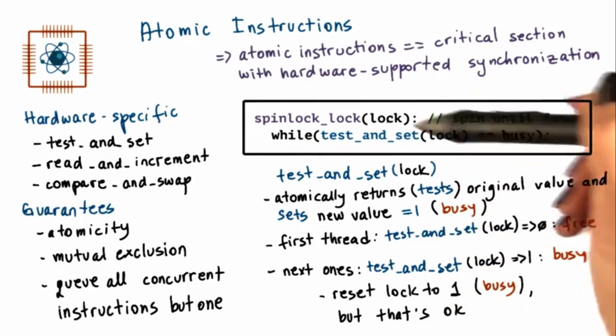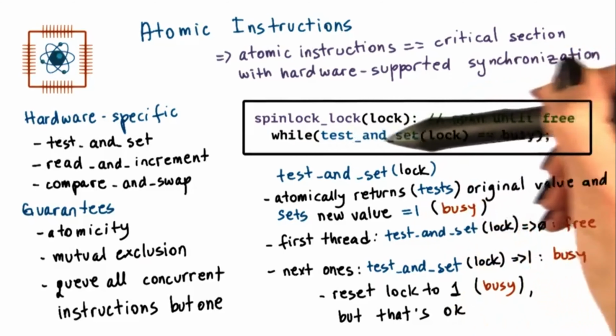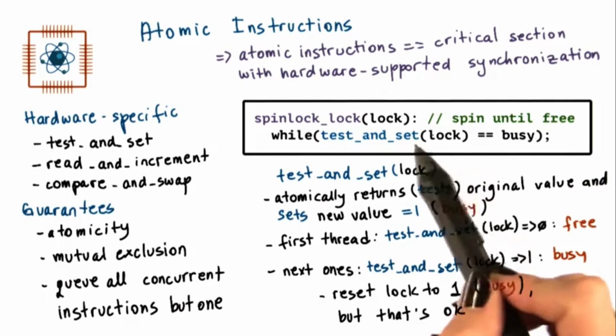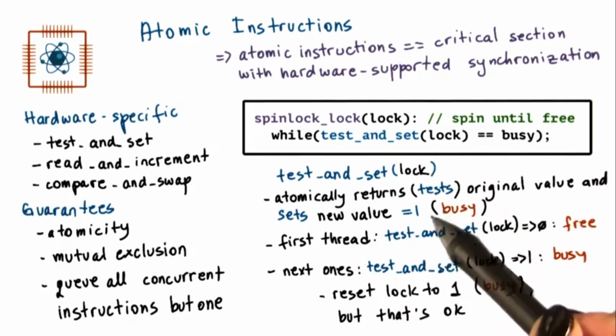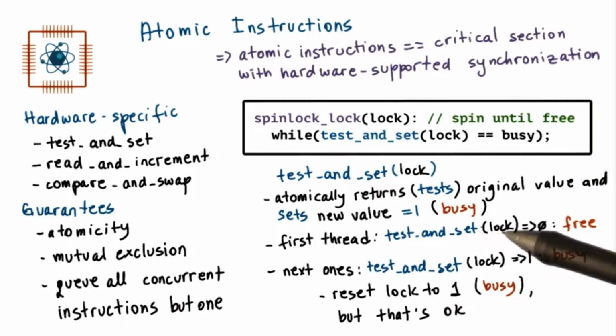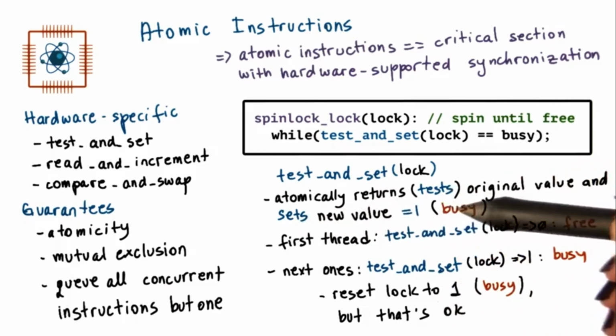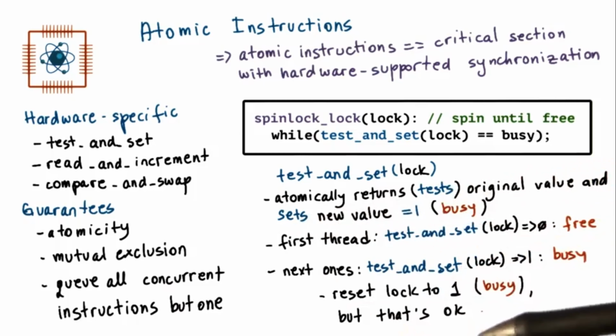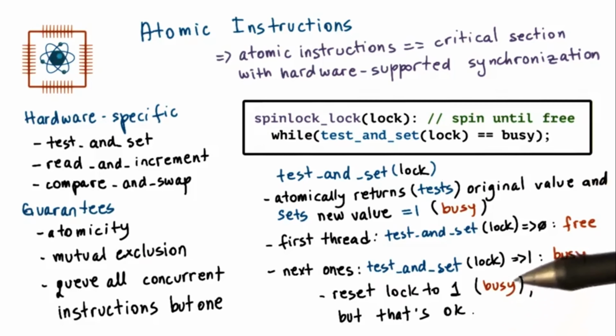So they're spinning through the while loop, and every single time they try to execute this test and set operation, this sets the value of the lock field to be 1 again, to be busy. However, that's okay. The very first thread, when it executed test and set, already set the value of the lock to be busy. And these other threads are not really changing the fact that the lock is indeed locked.